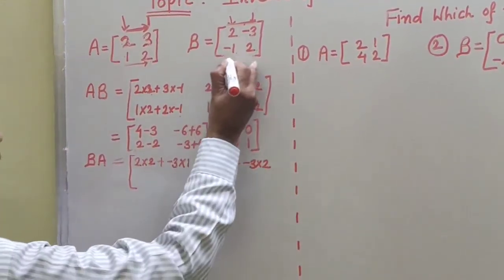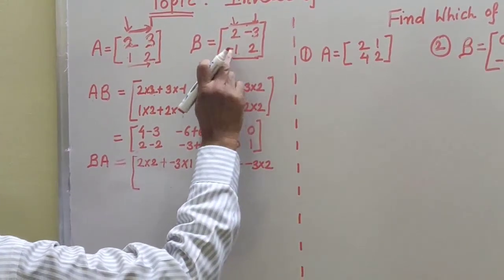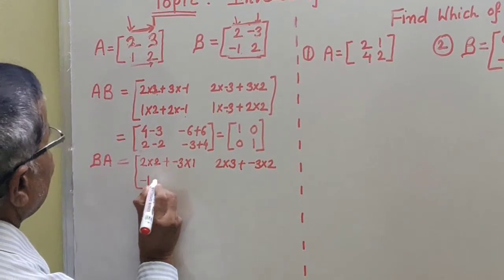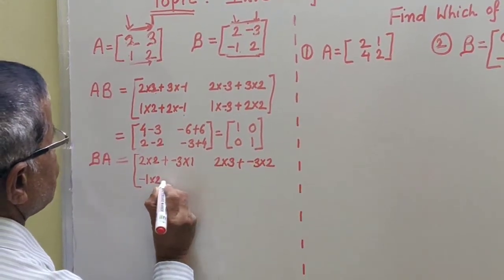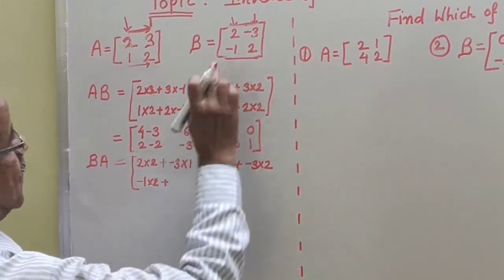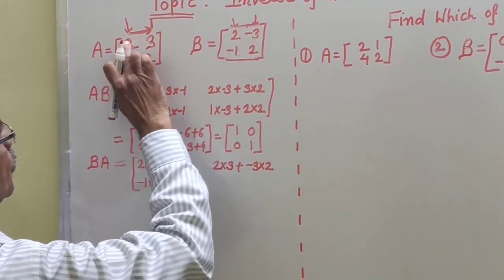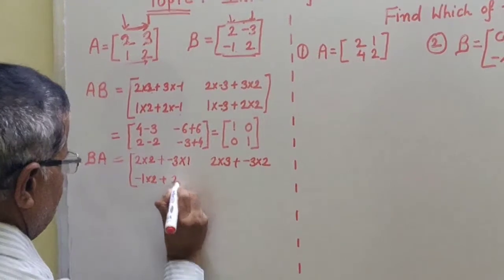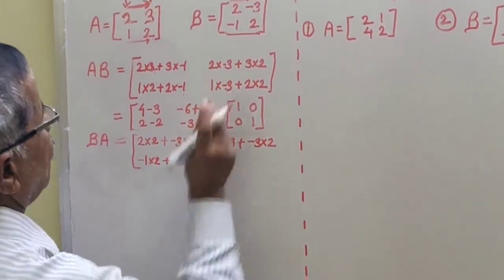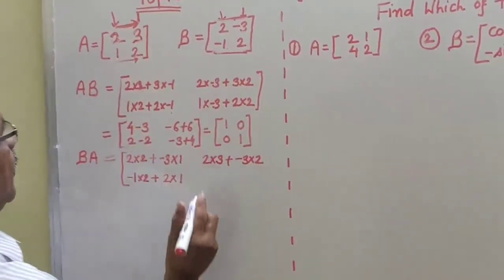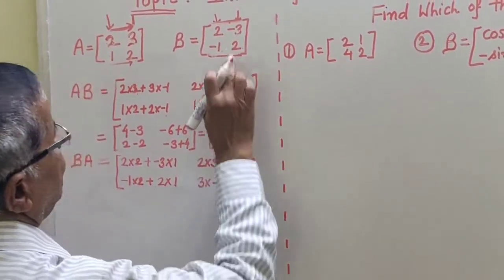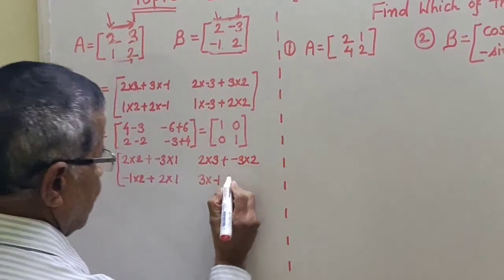Now I am going to the second row, minus 1 multiplied by 2, minus 1 into 3 and 2 multiplied by 1. Now again I am going to this one, minus 1 into 3 will come here and 2 into 2 will come here.